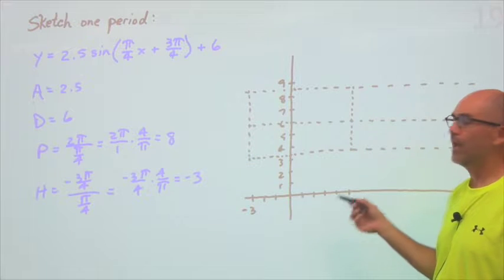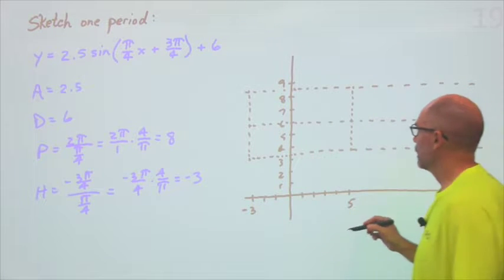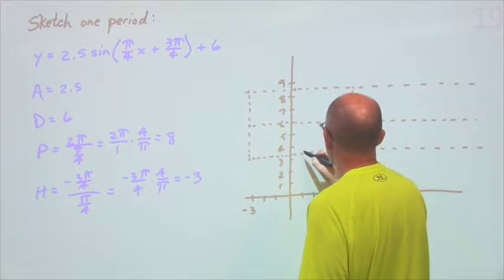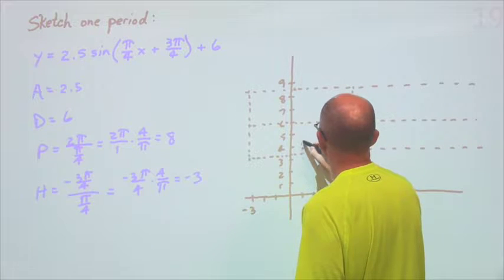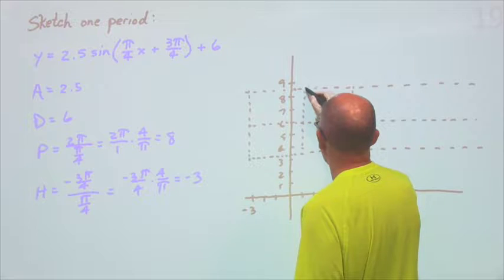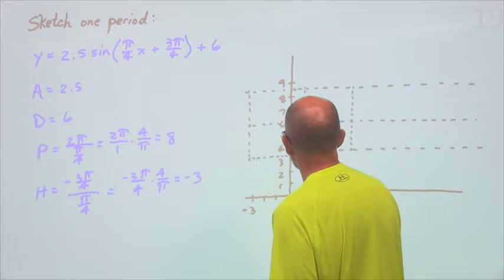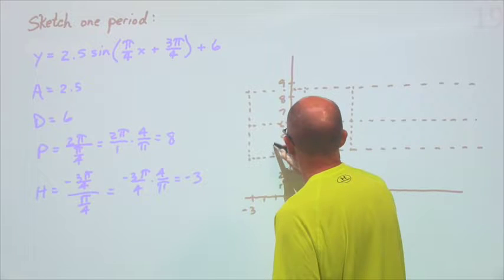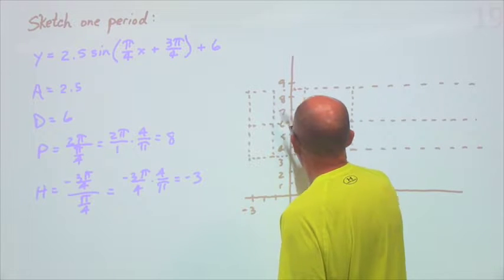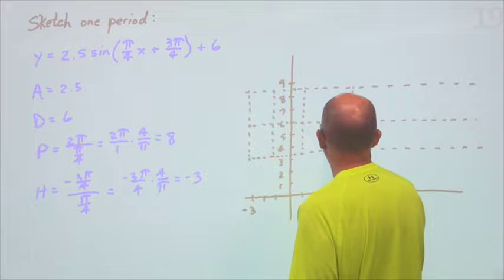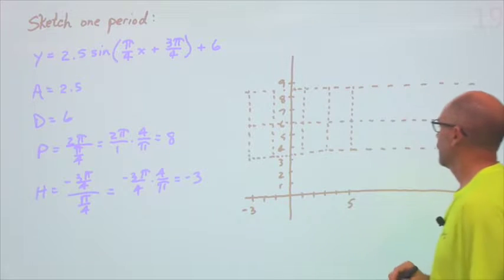Now we have to cut our box into quarters. So half of 8 is 4, so we have 4 to the right, 4 to the left, and then half of 4 is 2. So there's 2, and there's 2.